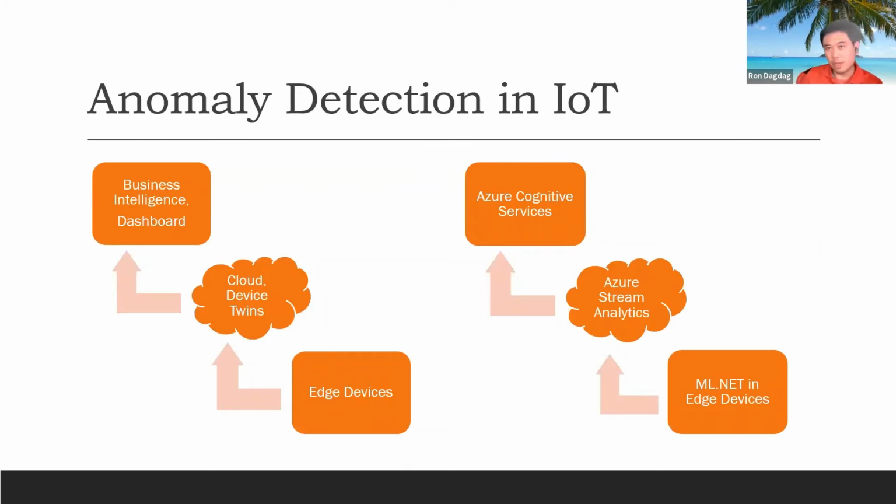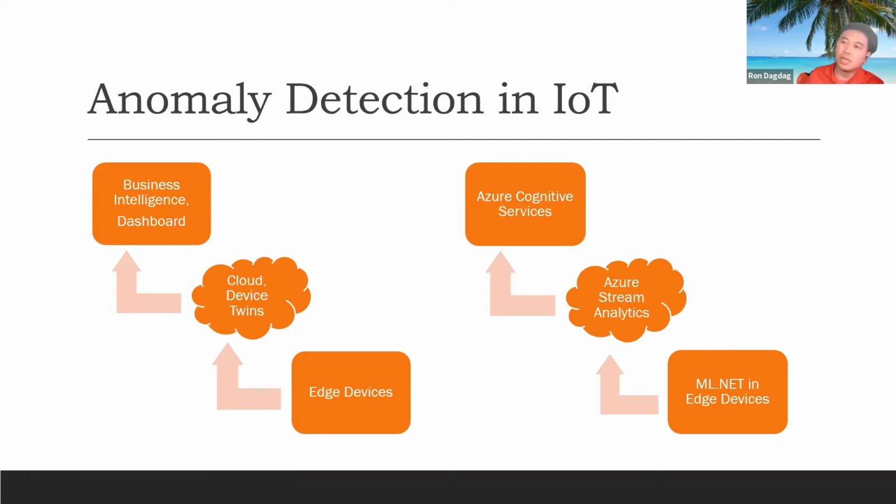So this one, I'm going to talk about on the Azure side, how you would implement anomaly detection in your Internet of Things application. One of them is through ML.NET in edge devices, right? You can use machine learning in .NET deployed in an edge device to do anomaly detection. Another is through Azure Stream Analytics.